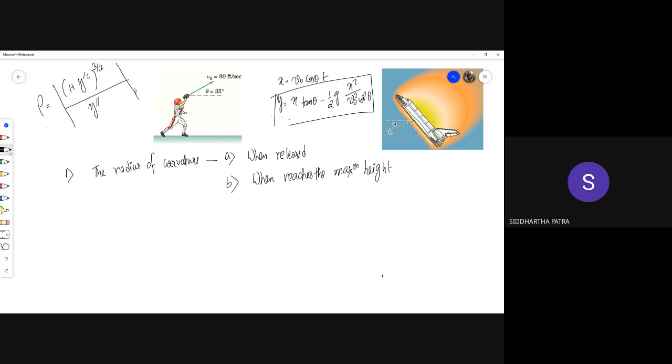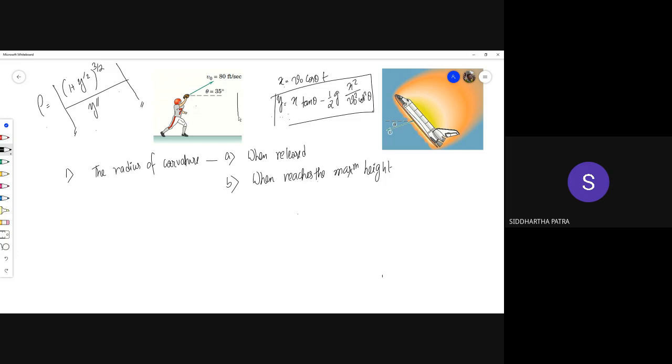The person who mentioned that we can get the expression for x and y, that is one method where you can write y as a function of x, and then use this set of equations to get the radius of curvature. But just remember one thing: the radius of curvature needs to be an absolute value.